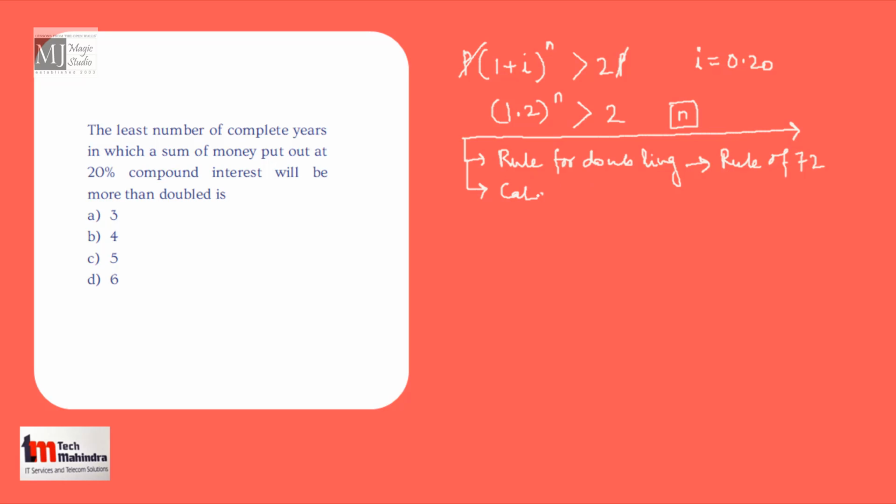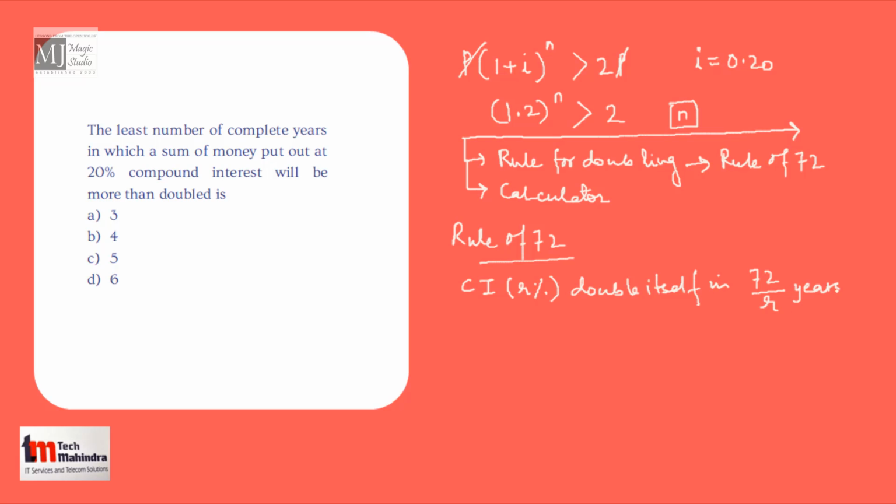And second, we can use a calculator directly, and I'll show you both. First, if we are using the rule of 72, it says that money invested at compound interest at R% will double itself in 72 by R years.